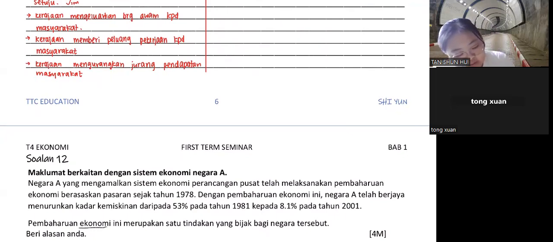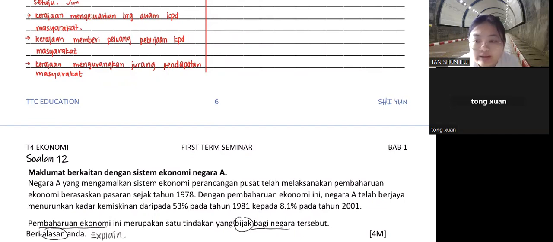A new economy is a smart action for the countries. Explain. So in this kind of question, must be careful. So you don't tell me you agree or you don't agree, or bijak or tidak bijak. No. They tell you it's a bijak one. It's a smart way. And then you got to tell me why they are smart. Okay. Can ya?